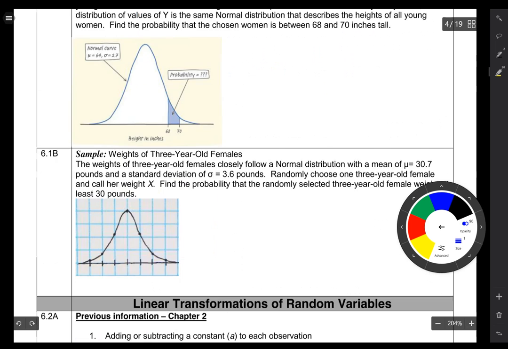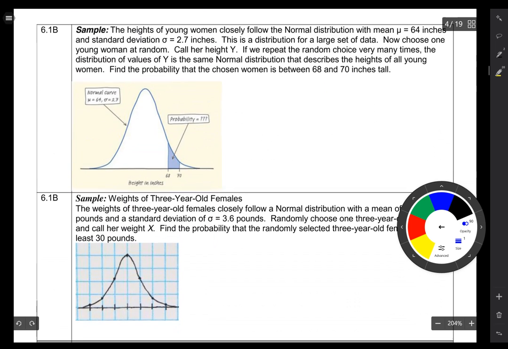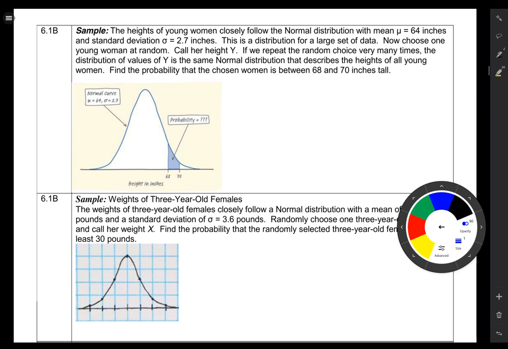So we have two examples in this section. The first one is the heights of young women. The heights of young women closely follow the normal distribution with a mean mu of 64 inches and standard deviation sigma of 2.7 inches.